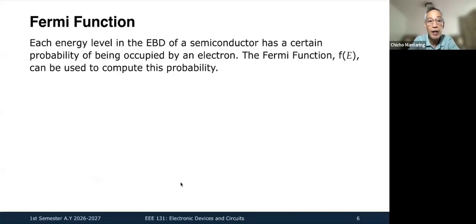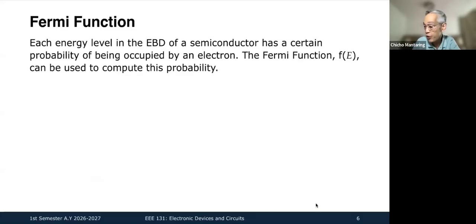Each energy level in an energy band diagram has a certain probability of being occupied by an electron. Let me repeat that. Each energy level in the energy band diagram of a semiconductor has a certain probability of being occupied by an electron. Now, the Fermi function, sometimes called the Fermi-Dirac function, can be used to compute this probability.